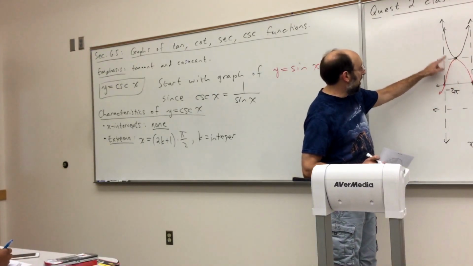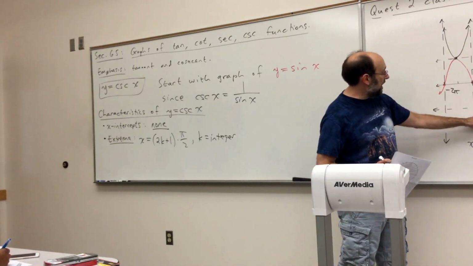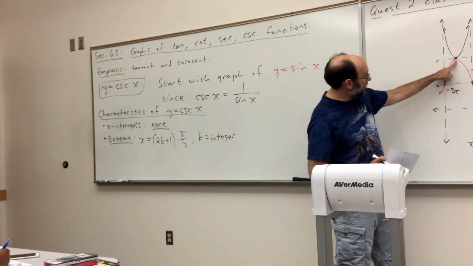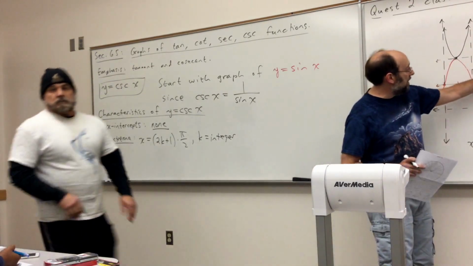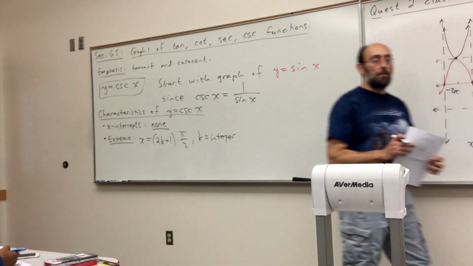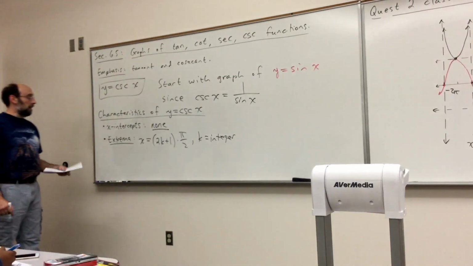I have a min at negative pi, a min of the cosecant function at negative 3 pi over 2, a max at negative pi over 2, a min at pi over 2, a max at 3 pi over 2. Okay? These are local mins and maxes, not global, clearly.